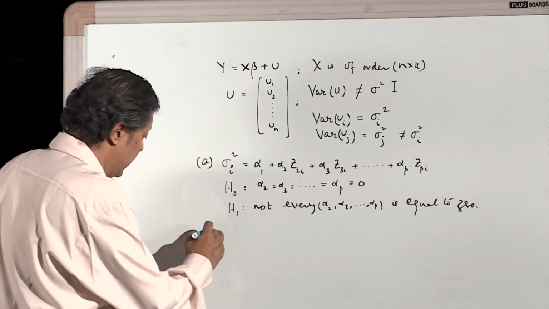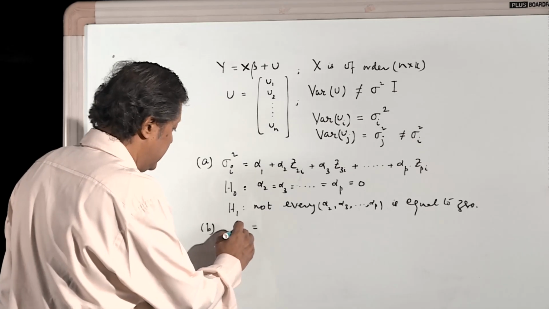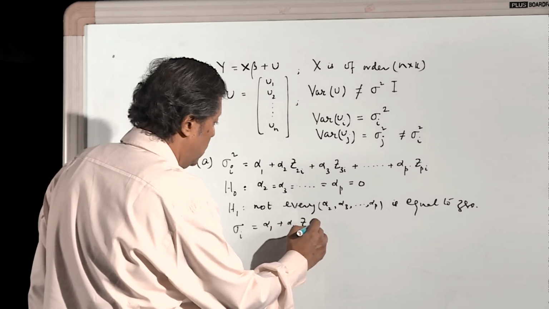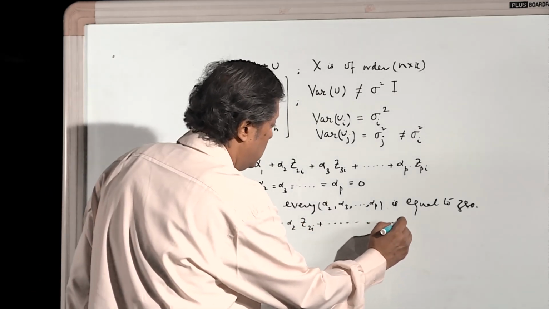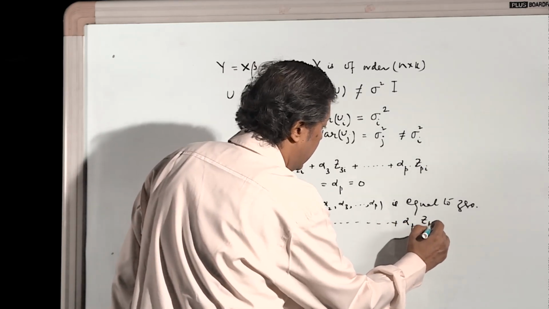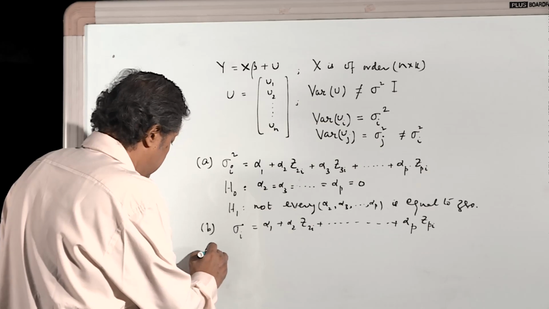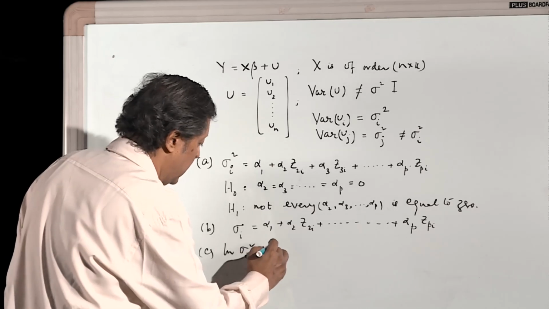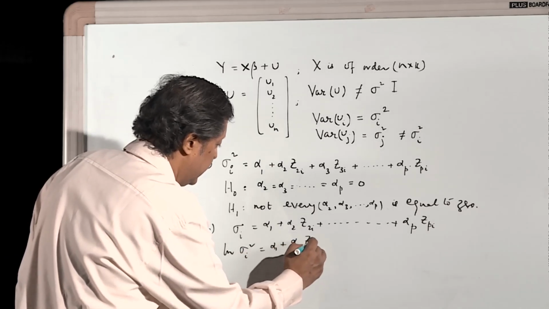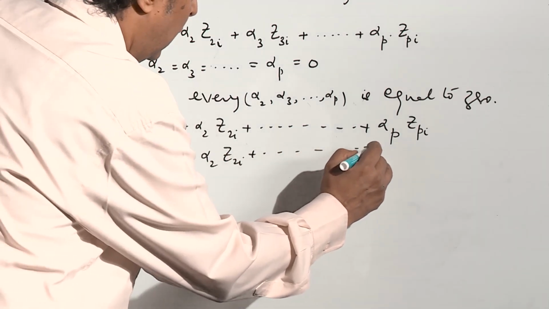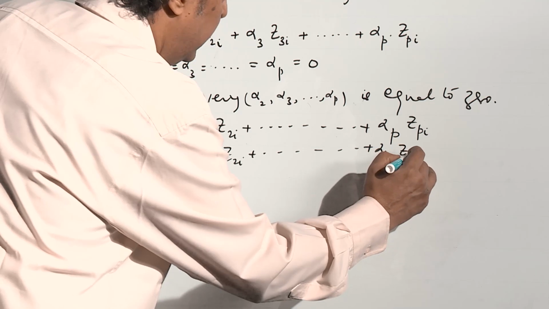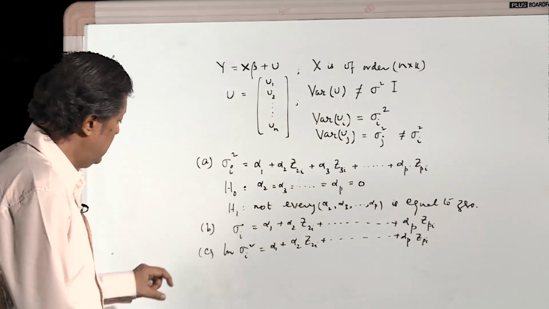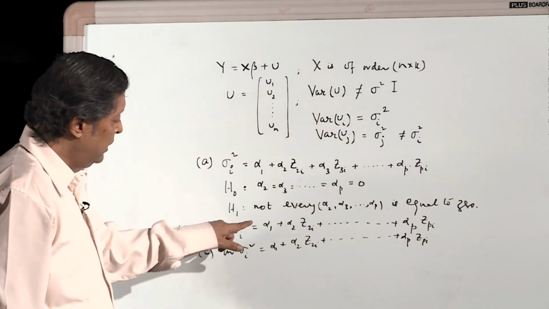Similarly, two other forms are form B, where sigma i is alpha 1 plus alpha 2 Z2i right through up to alpha p Zpi, and the third often used form is log of sigma i squared is alpha 1 plus alpha 2 Z2i right up to alpha p Zpi. So, the forms are A, sigma i square equal to the right hand side, or B, sigma i equal to the right hand side.